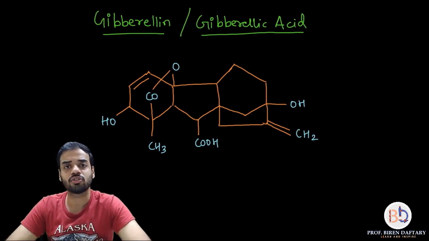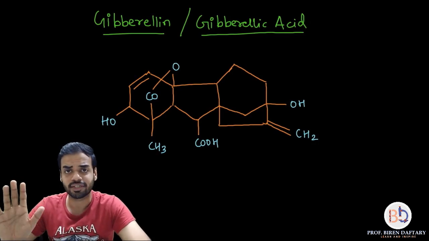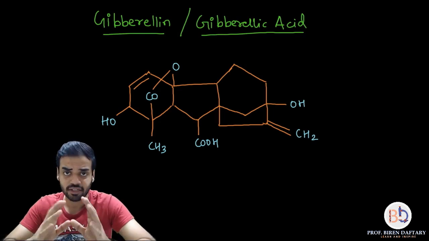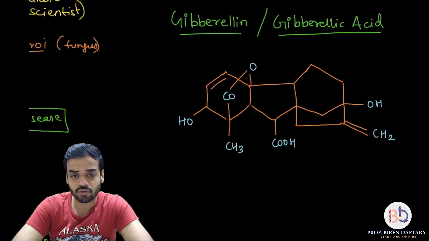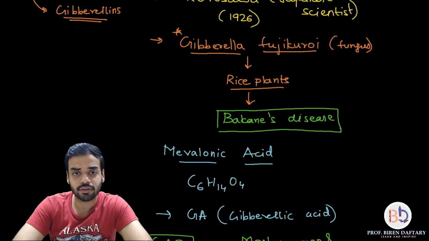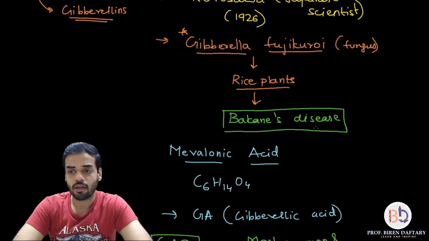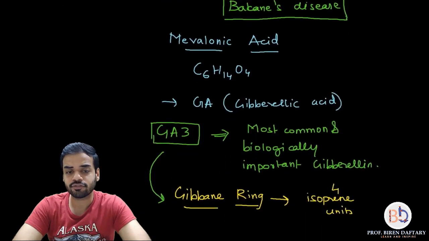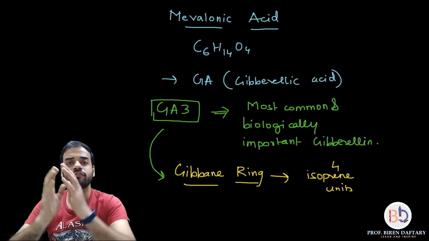This is the structure of gibberellins or gibberellic acid. You don't have to remember it. Is this clear? And this is a derivative of mevalonic acid. Let us go back to what we were doing earlier. With that we have finished with the chemical structure of gibberellins.